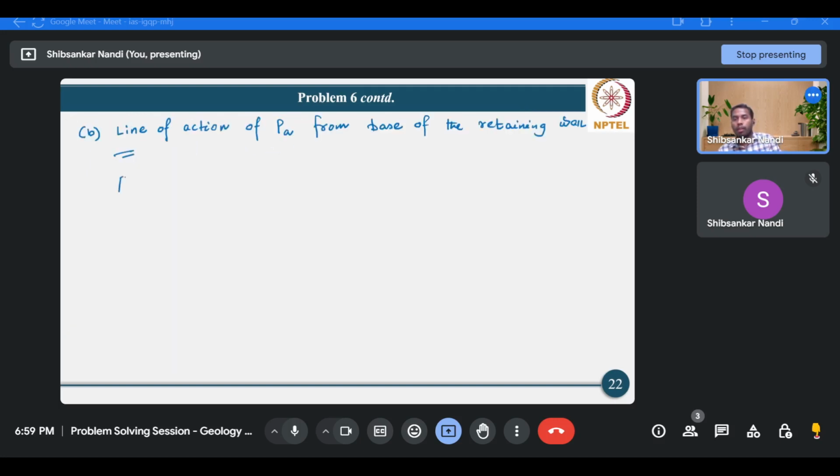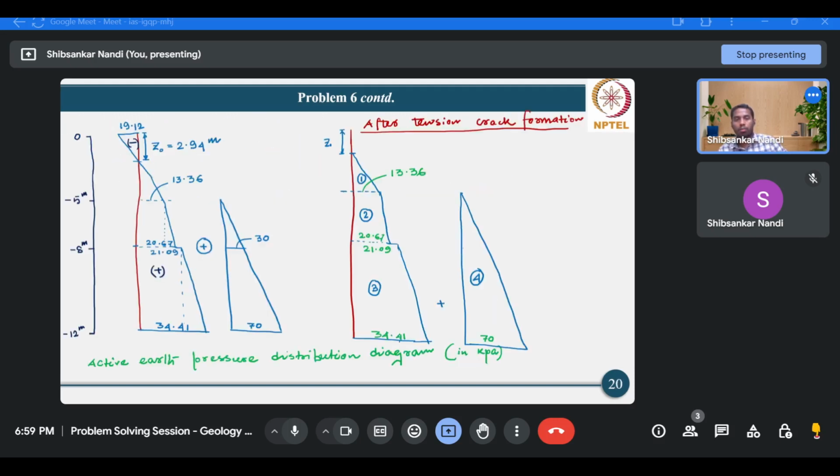So suppose the resultant PA is acting at a height of Z bar from the base, and the individual components are acting at a height of Z1 bar, Z2 bar, Z3 bar, and Z4 bar, respectively, for component 1, 2, 3, 4.